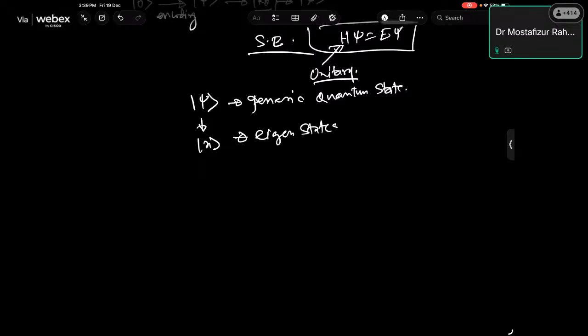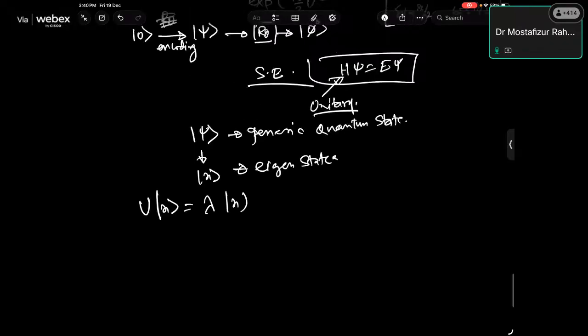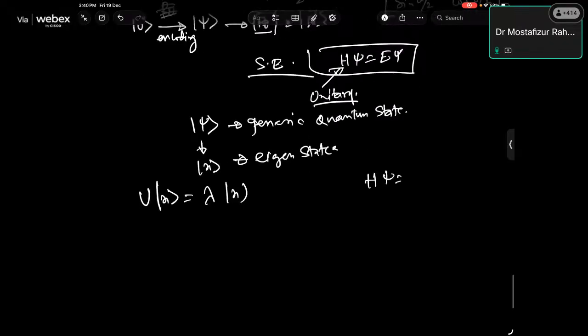If it is the eigenstate, and H equals U, then U ket x should equal some lambda ket x, same equation. So H psi equals E psi. H is an operator, the energy operator. If you apply the energy operator on the wave function, you should get the energy, a scalar quantity, the eigenvalue of that wave function represented as an eigenvector, right? The same scalar quantity here.